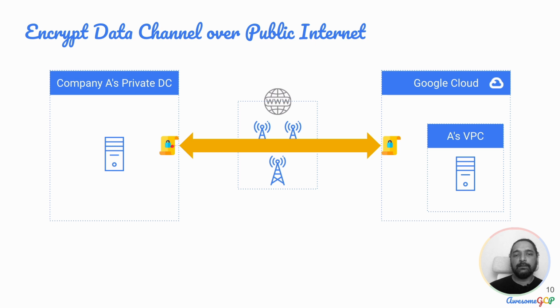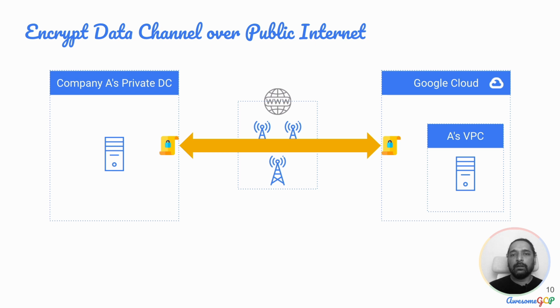So instead of sending this data in open, human readable, easily readable format across the internet, you encrypt the data at one point and you're able to decrypt the data only at the other point. So even if there is a man in the middle, even if somebody is listening to this information, they are not able to interpret it, right?